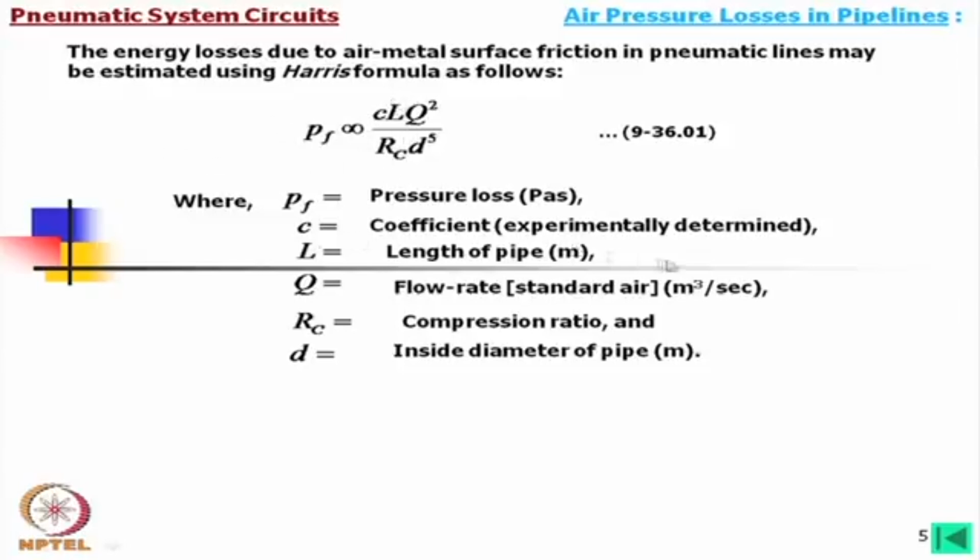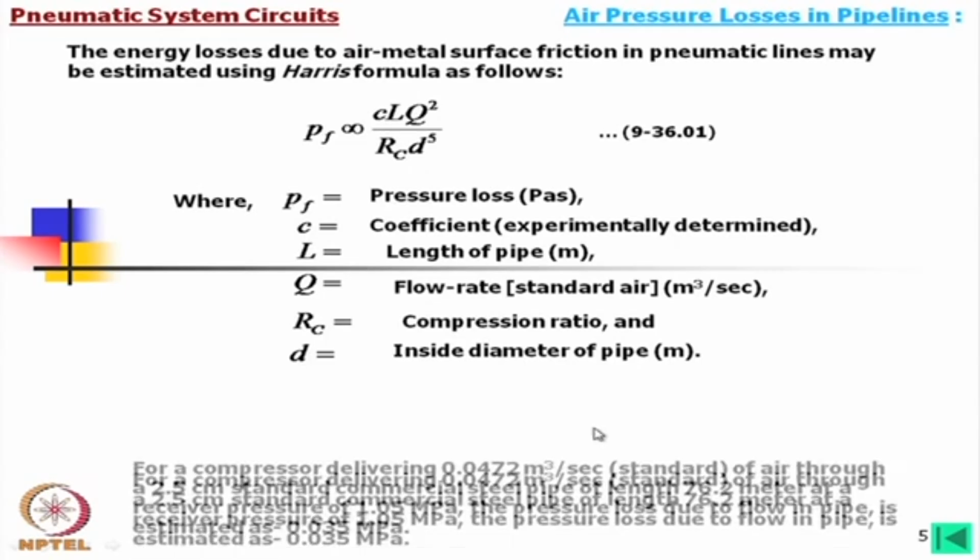L is the length of the pipe, Q is the flow rate through that conduit in meter cube per second. Again we call it standard air, that means standard air has some pressure, some temperature, etc. mentioned. R c is the compression ratio of the system, D is the inside diameter of the pipe.